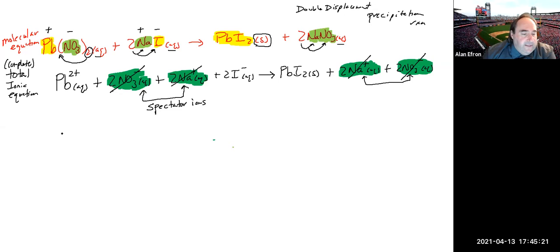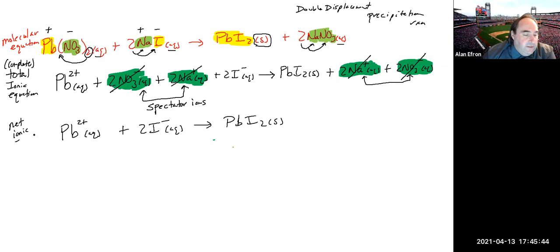What we're left with is the third type of reaction we talked about at the end last time, and that would be our lead and our iodide forming our PbI2 solid. This is what is referred to as the net ionic equation. And what is the net ionic equation? Well, the net ionic equation essentially gets right to the heart of the matter and tells you exactly what is happening in this reaction.